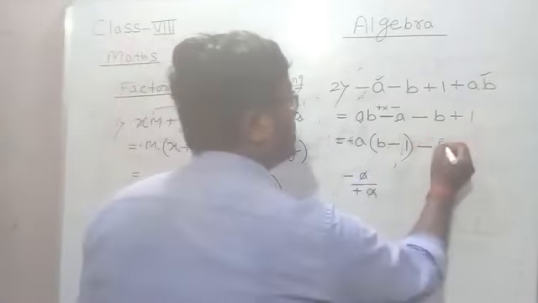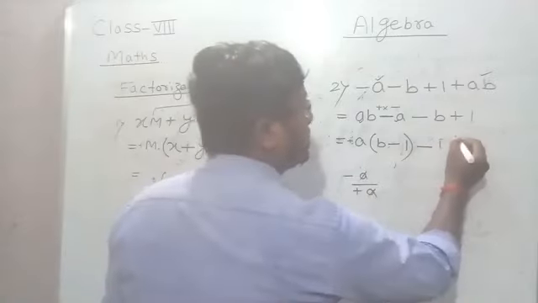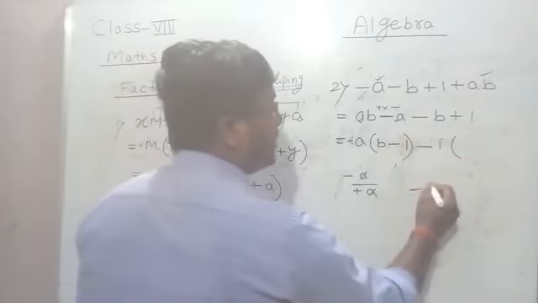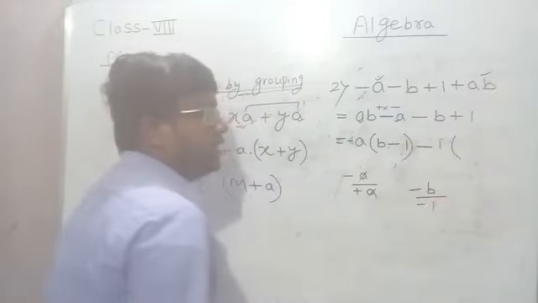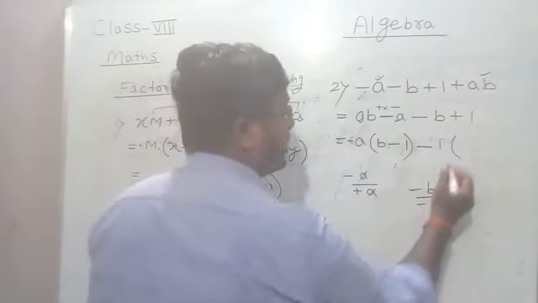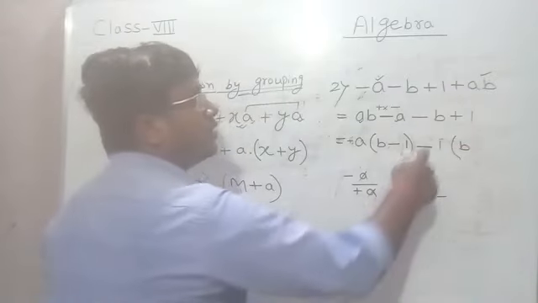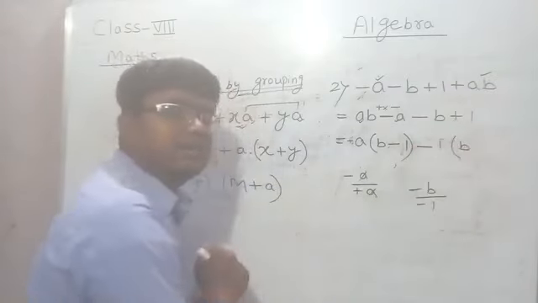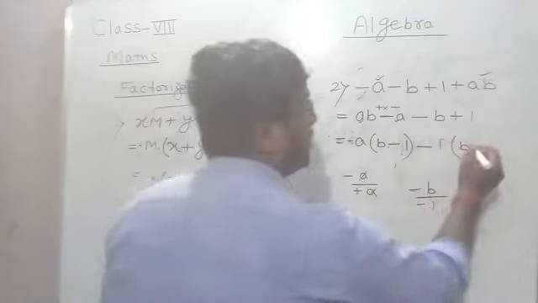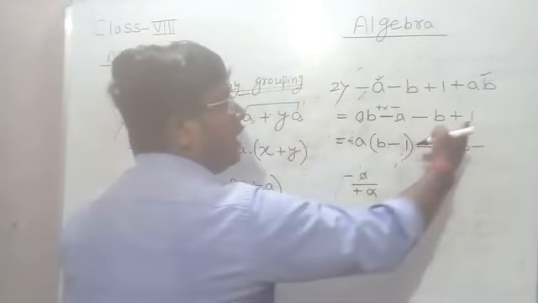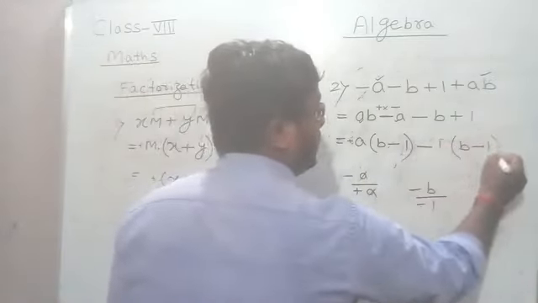From minus b, minus 1 is taken as common, so minus divided by minus is plus, so b is remaining. And from 1, with minus taken as common, what remains is minus 1.